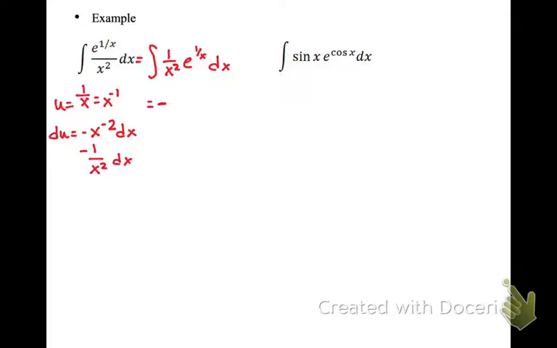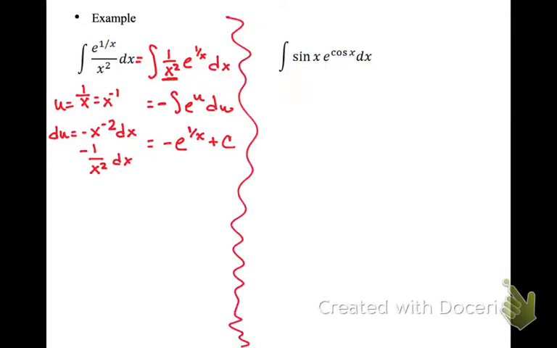Okay. So now we have our 1 over x squared covered in our du, yes? Okay. So I just have the integral of e to the u du. So I have negative e to the 1 over x plus c.